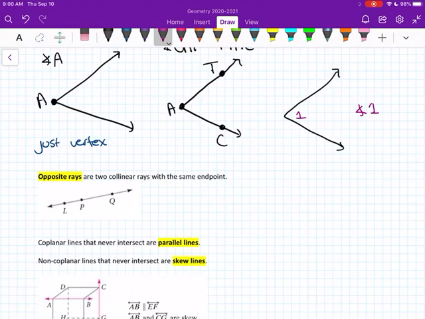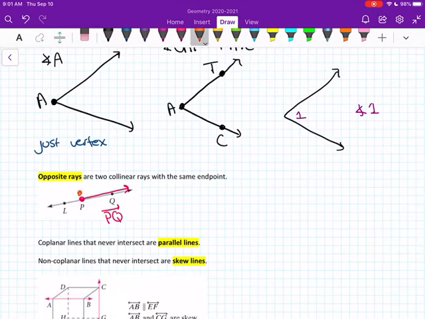Okay, we're back to rays. Opposite rays are two collinear rays with the same endpoint. So the difference between an angle and opposite rays is that with opposite rays, your rays are on the same line. So here, if I have point P and I go out this direction, I have ray PQ.